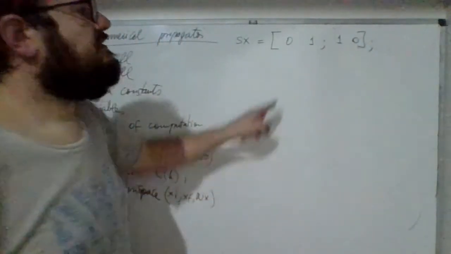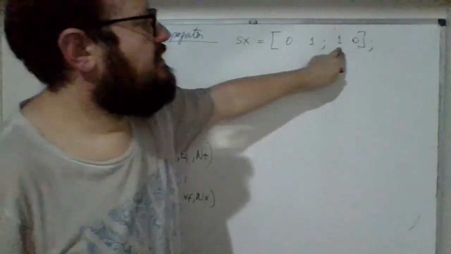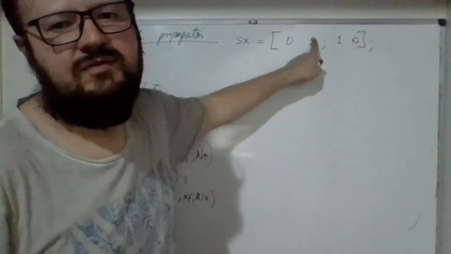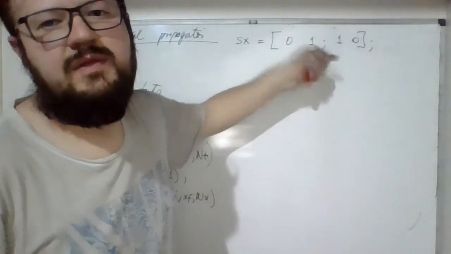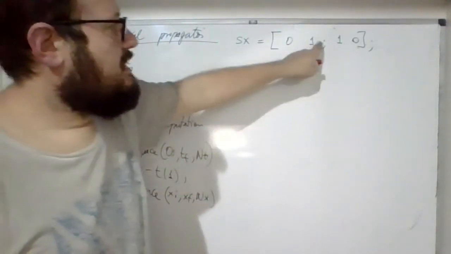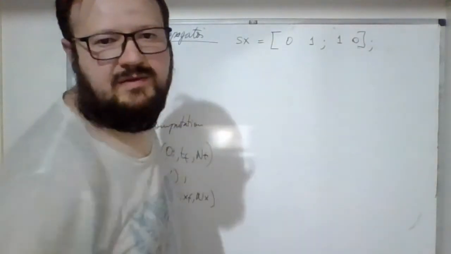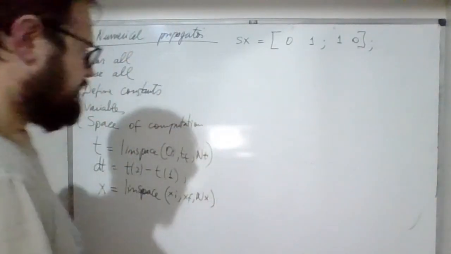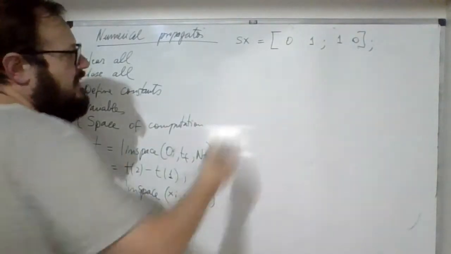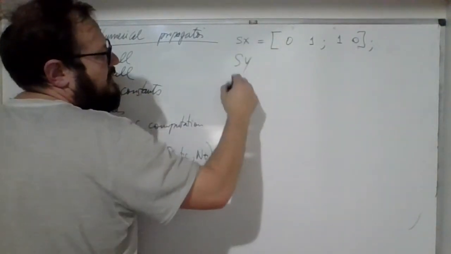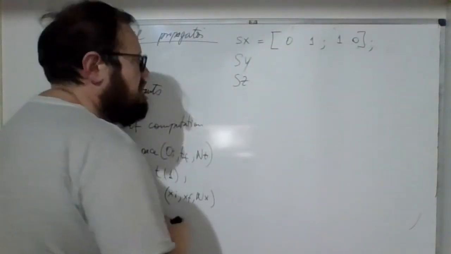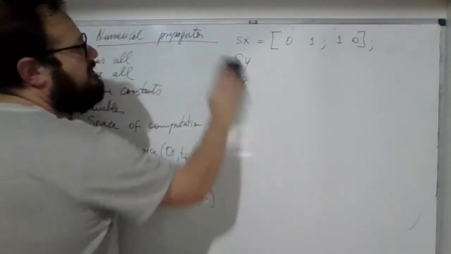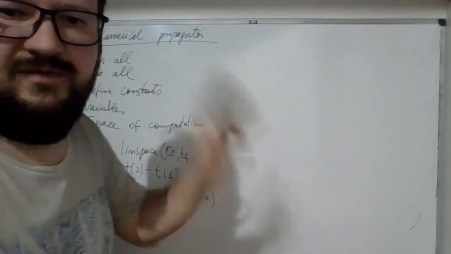MATLAB understands that this is the first row and this is the second row, but you need to insert the semicolon here, because if not, it will write a row vector. So you need to define a matrix, and you can do it for Sy and Sz. You can multiply by constants here. I will not waste time here defining things.